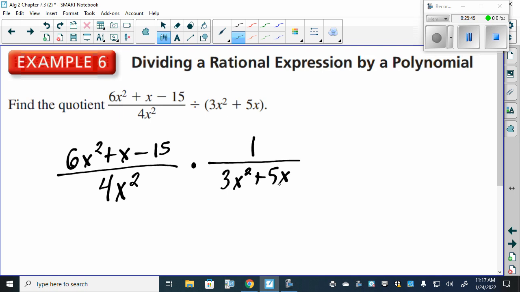Because again, whenever we have a term without a denominator, it is understood to be 1. So when we flipped it, that 1 went from the denominator to the numerator. And now everything is going to be the exact same as what we've been doing.